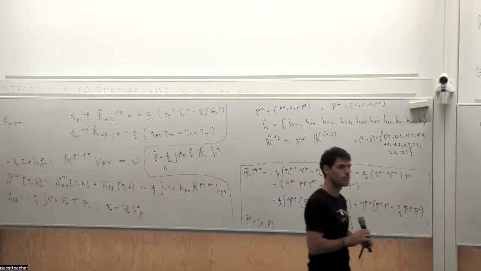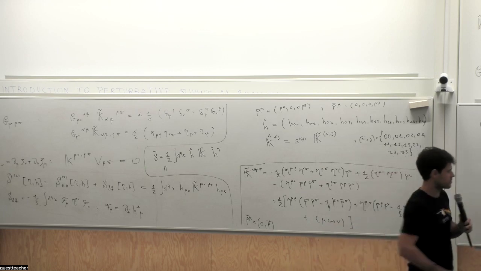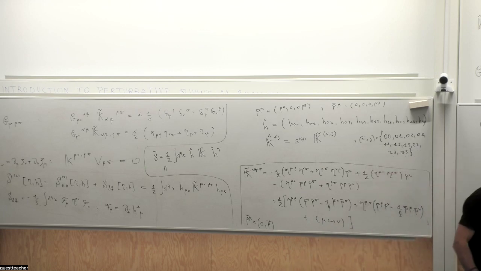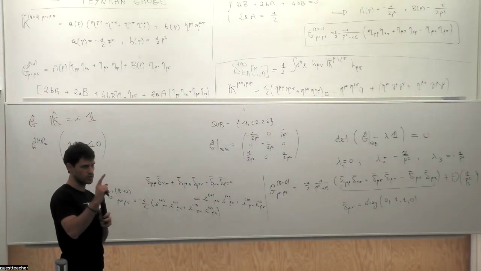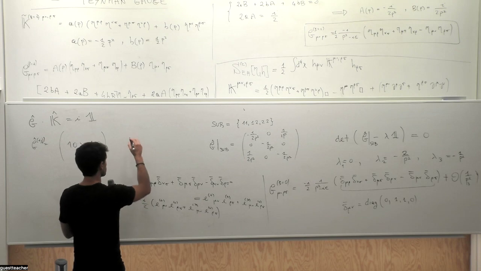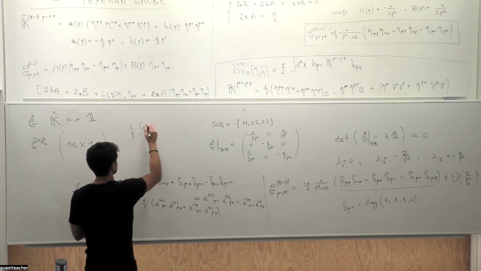Are there other gauges that are useful for computations? Yeah, I think there are many. For instance, even with the covariant gauges, it is very often useful to work with more generic gauges. So far I only introduced one gauge fixing parameter, but in principle you could write even a covariant action of this type.